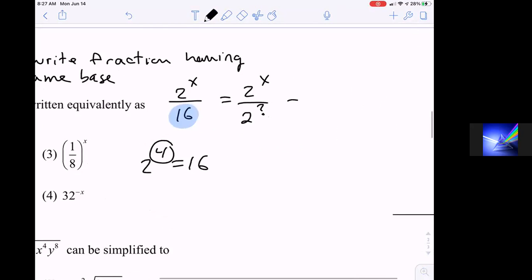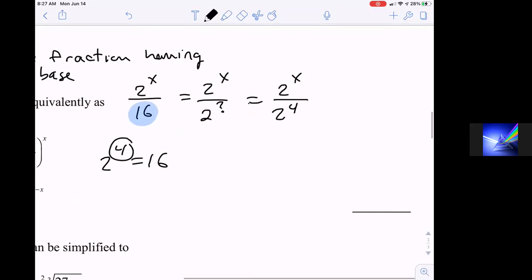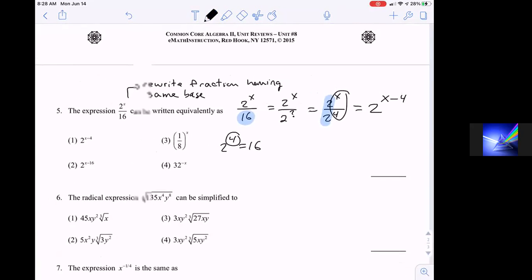So in other words, I could rewrite this as 2 to the x power over 2 to the 4th power, because 2 to the 4th power is 16. Now, what am I looking at here? Dividing, same base. That means 2 to the, what do I do with my exponents? I subtract them, x minus 4. I do believe that is one of our results. Yeah, that's number 1.